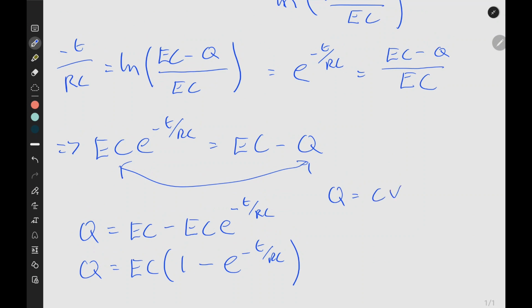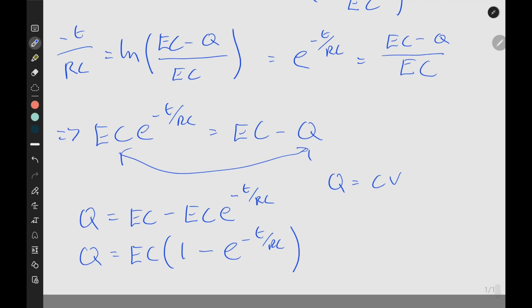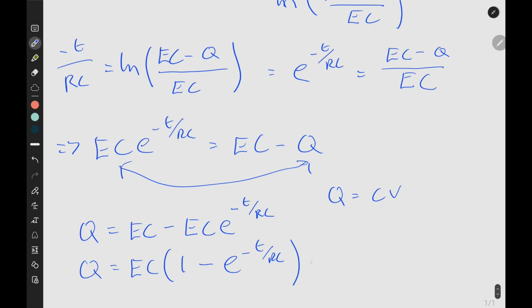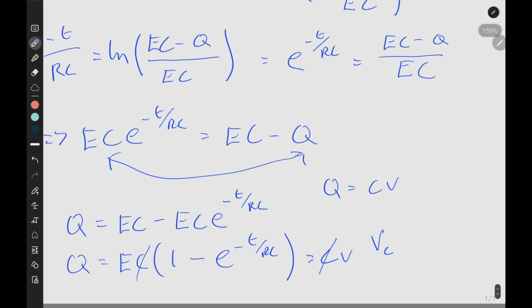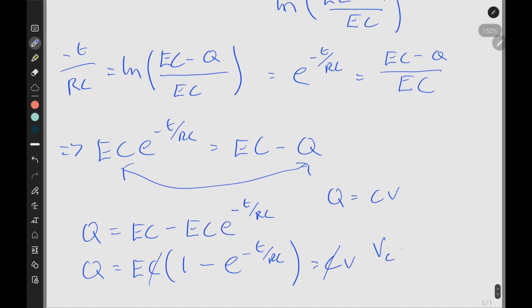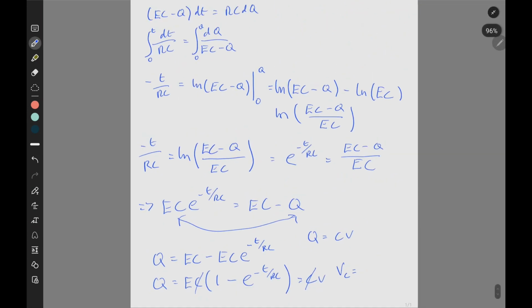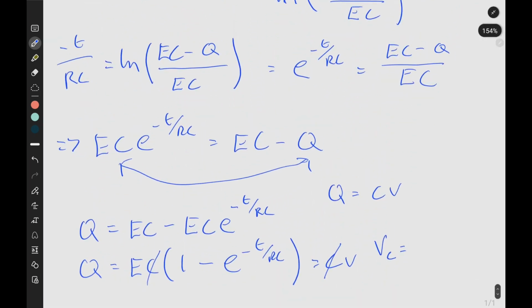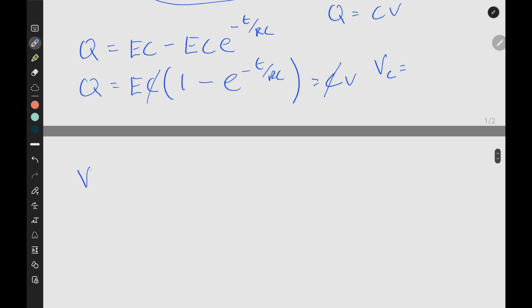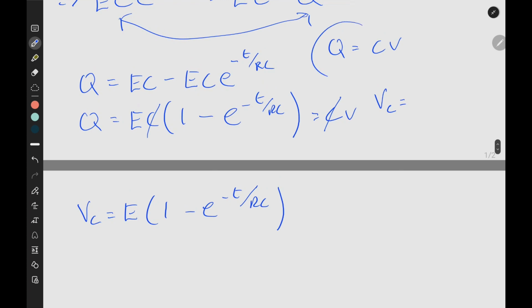So if we replace q with CV, we can just cancel these C's, so you get V on the capacitor equals E times (1 minus e to the negative t over RC), because we're just resubstituting in this.